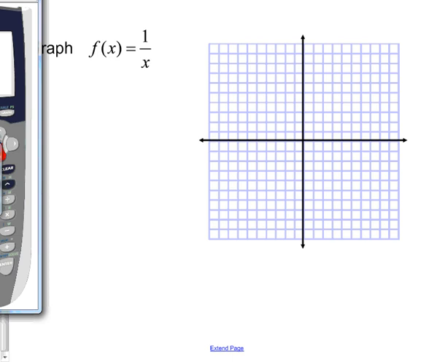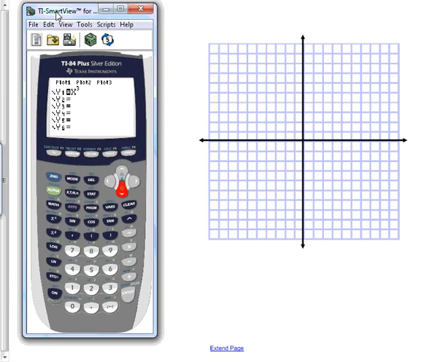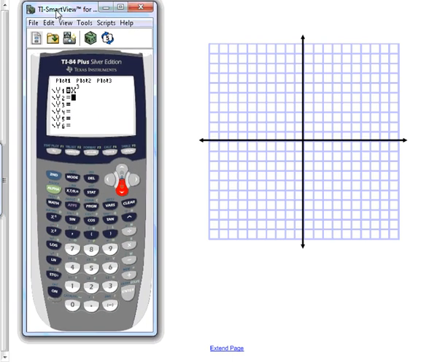And I will get some more lights on in here. Okay, so 1 divided by x. Enter. Graph. Oh, I'm sorry, I had it cubed by accident. I didn't mean that. 1 divided by plain old x.